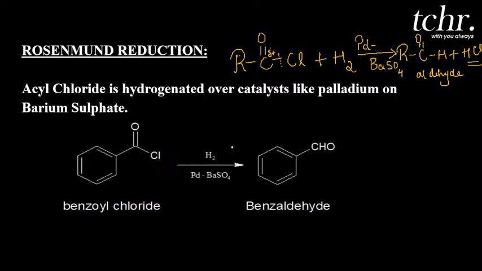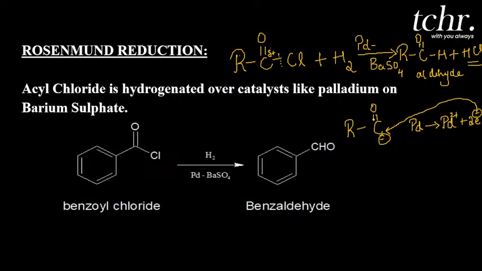Actually, in R C double bond OCl, once the chlorine is out, this carbon is partially positive. What this palladium will do? This palladium is a positive metal which gives out two electrons. Where will these two electrons go? Two electrons will go towards carbon and carbon will get a negative charge.